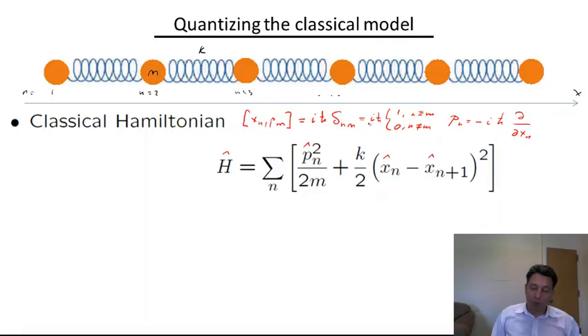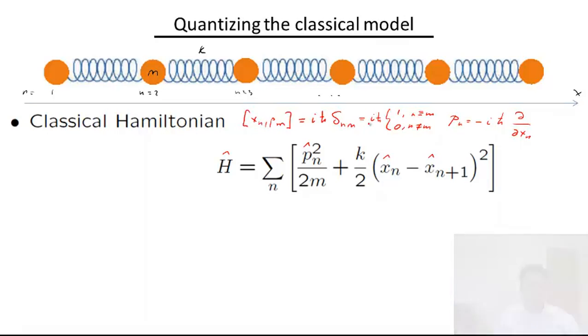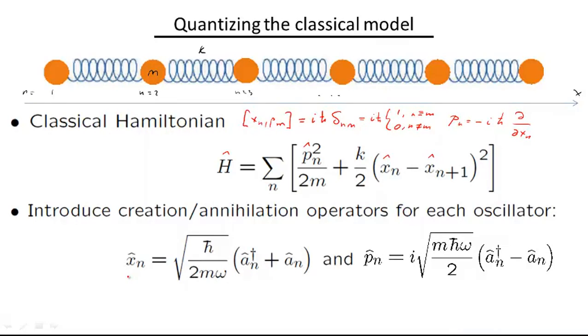Now the next step is to use our definition of the creation and annihilation operators that were introduced in the solution of the single harmonic oscillator. We're going to represent each coordinate x_n and momentum p_n through the corresponding creation and annihilation operators a and a dagger. You can check, going back to the first segment of the lecture today, that these are exactly the same definitions we used before, but now we have this additional index n which refers to the atoms in this chain.